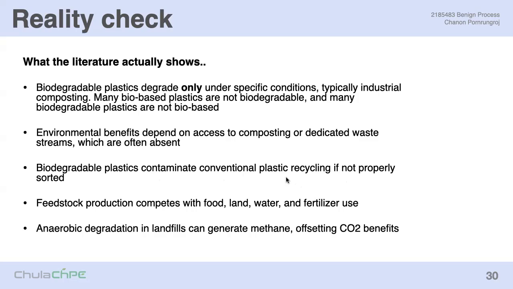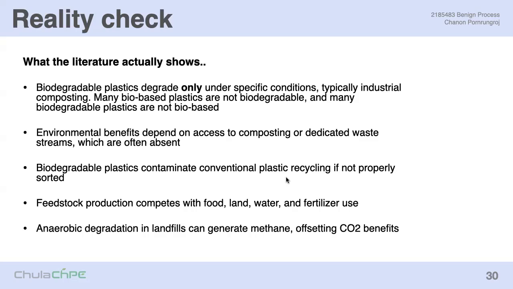You have the separation bin for PET bottles, but you see many people put plastic bags in it because they think, oh, it's the same. And if the biodegradable plastic bag is mixed with the non-biodegradable plastic bags, the whole separation and recycling process becomes a different story, right? So that's what the literature shows.